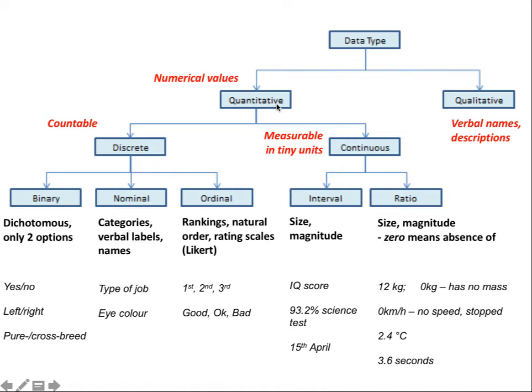So I don't expect you to know all of these, but it's useful to know what kinds of data are out there, particularly when we have to actually graph this data and represent it in a lab report.